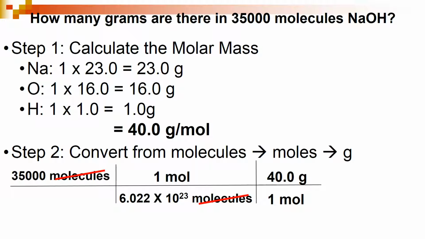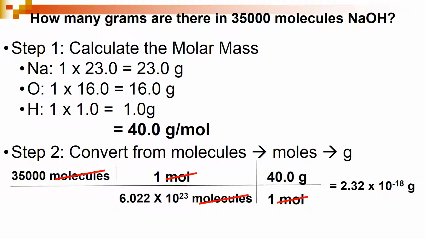Molecules divided by molecules cancels, moles divided by moles cancels, and please note that the only value we're left with here unit-wise is grams. So to solve this problem, we need to multiply through the top, 35,000 times 40, and then we need to divide by what's left on the bottom, 6.022 times 10 to the 23rd.